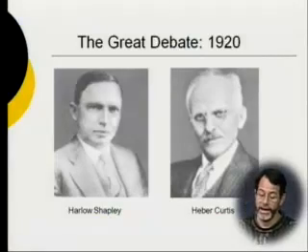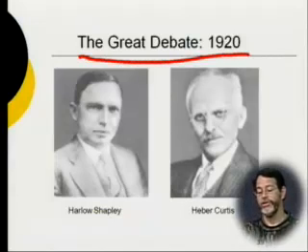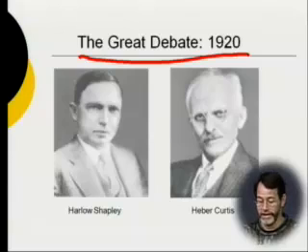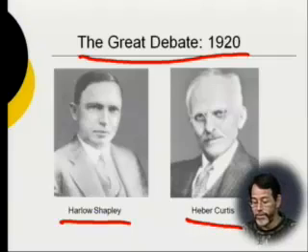There was a great debate early last century. It culminated in an actual physical meeting between two people in 1920. The two people were Harlow Shapley, a rising star in astronomy, who had lots of good data on globular clusters, for one thing. The other person was a journeyman in astronomy.